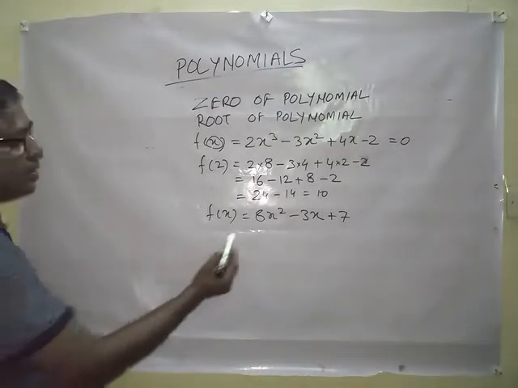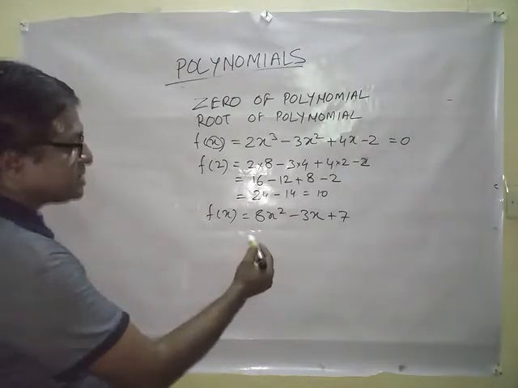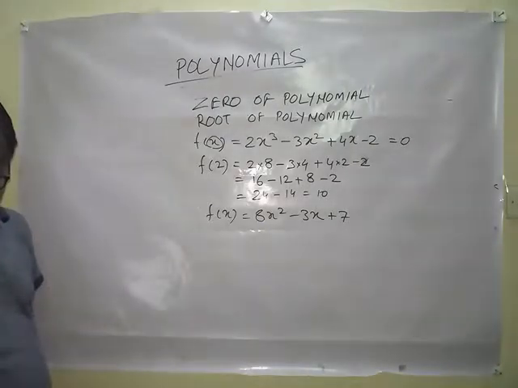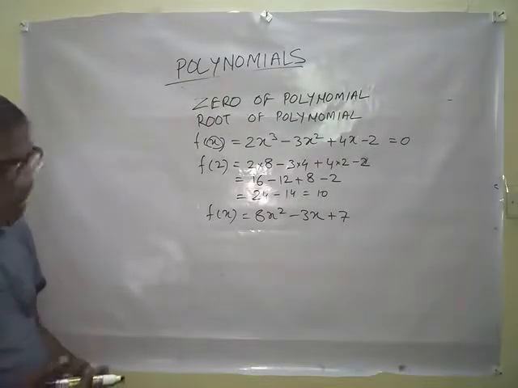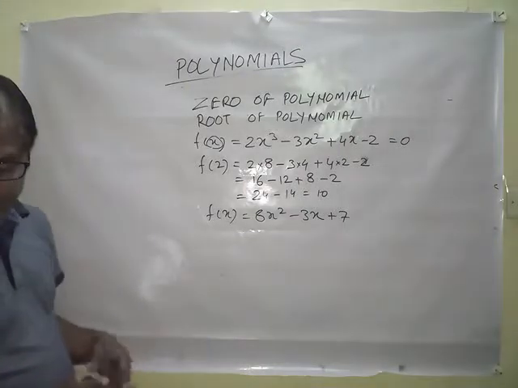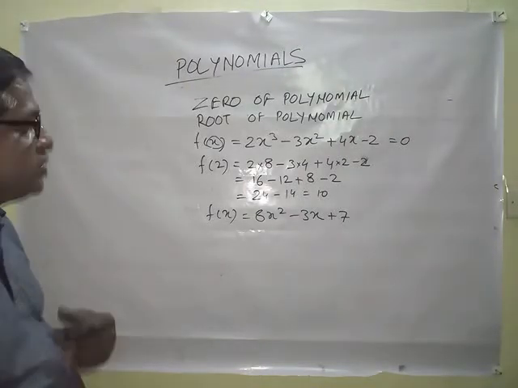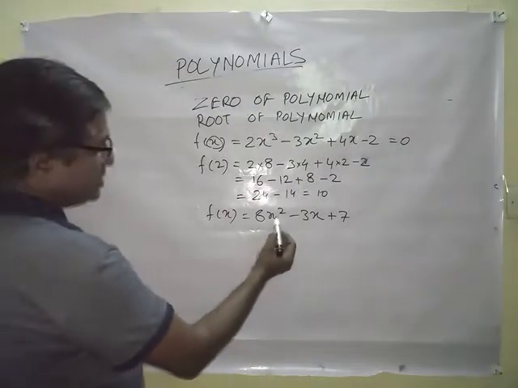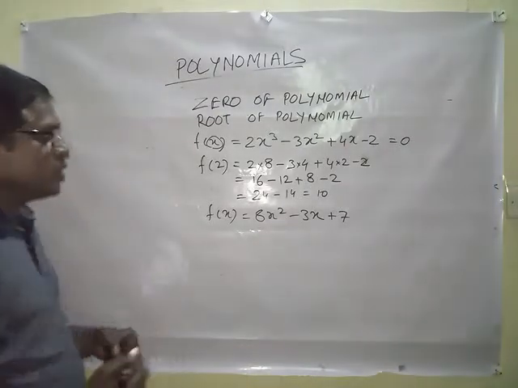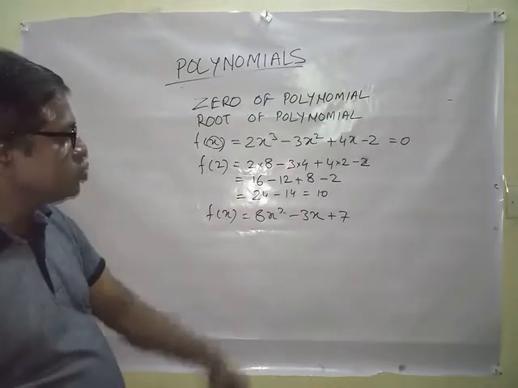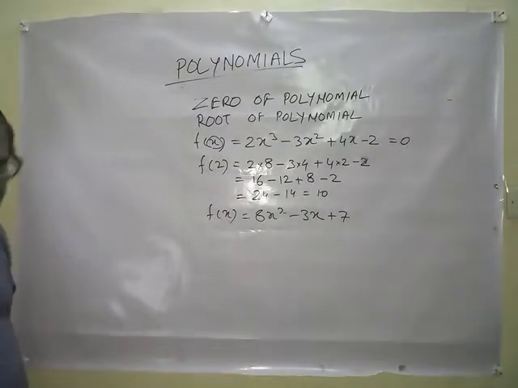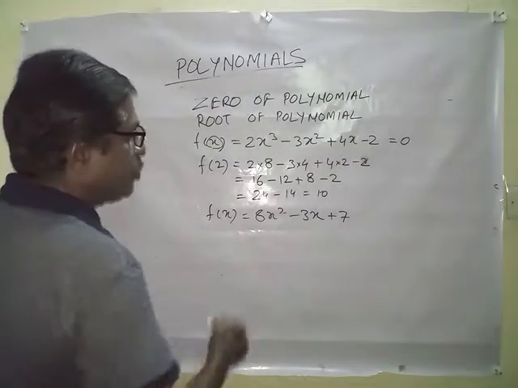And let us revise in between what type of polynomial equation it is, whether it is quadratic, linear, constant, cubic or biquadratic. It is quadratic because the power is 2. Having 3 terms, that means trinomial.